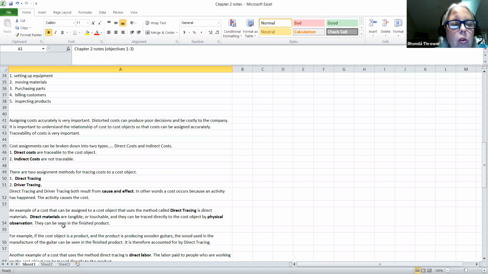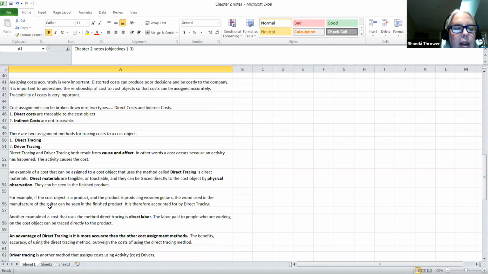So direct materials are traced through direct tracing. We can take those costs and assign them through direct tracing because materials can be traced directly to the cost object, the product, and usually we can trace those by physical observation. They can actually be seen in the finished product.